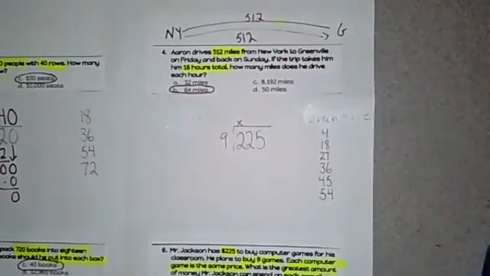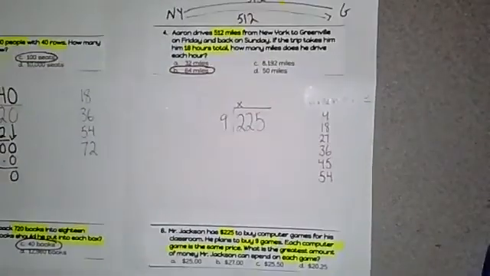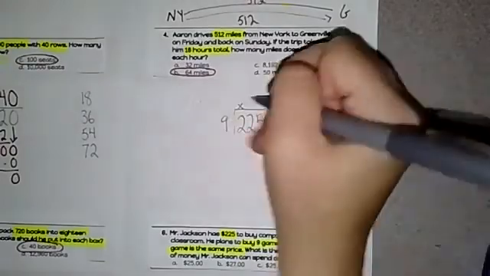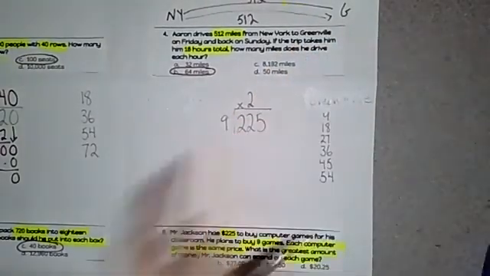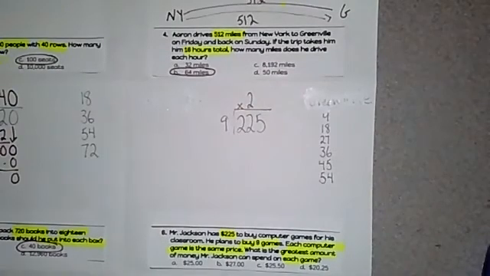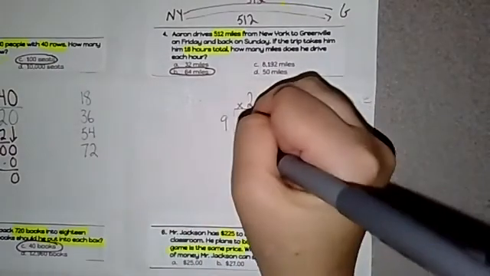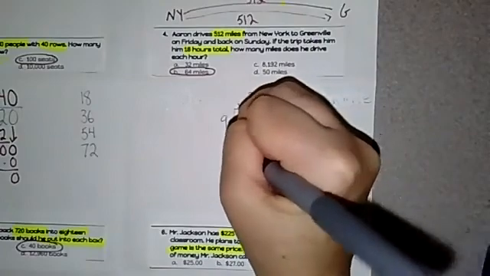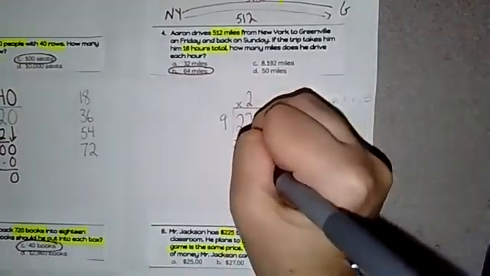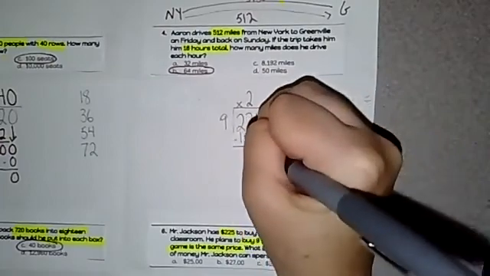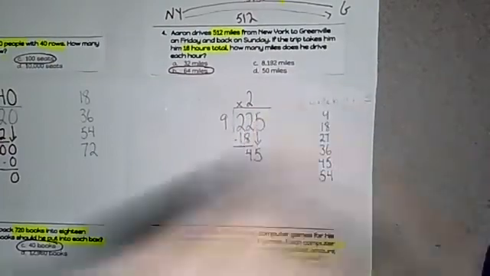Evan, how many 9s are in 22? Good, write the 2 up top. Talia, what's 2 times 9? 18. Put your 18 under your 22 and we're ready to subtract. 22 minus 18 obviously is 4. Then you're going to bring down your 5.